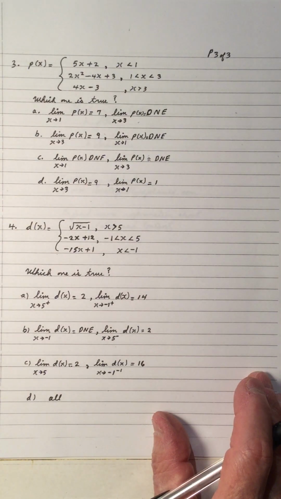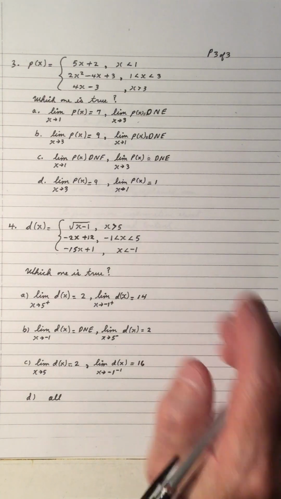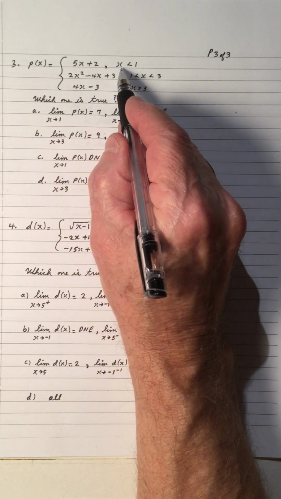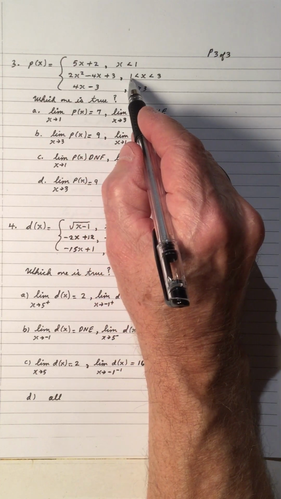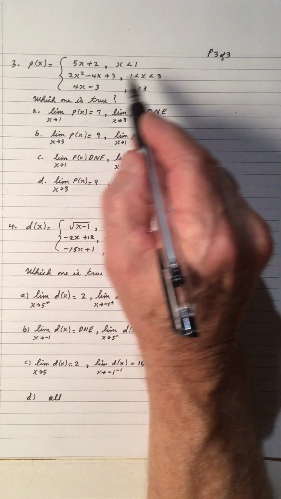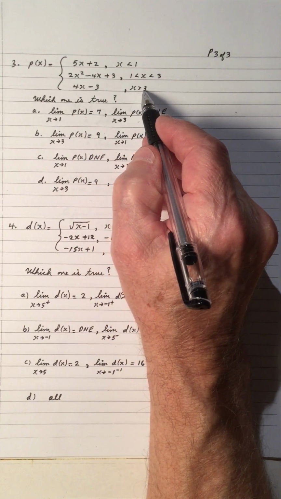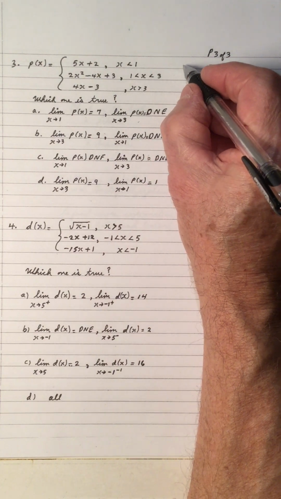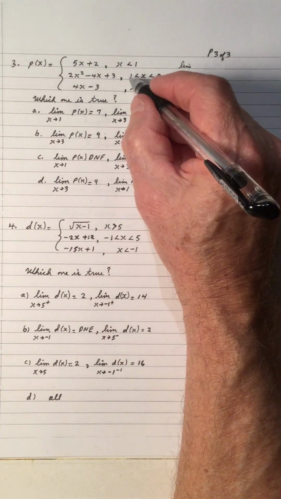And a few more, again, very similar questions. Number 3, p of x equals 5x plus 2 if x is less than 1, equal to this trinomial if x is from 1 to 3, and equal to this binomial if x is greater than 3. Which is true? Let's look at the limit, again at 1 and 3.